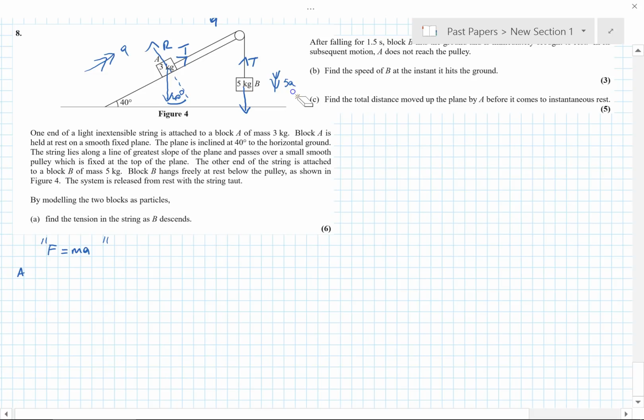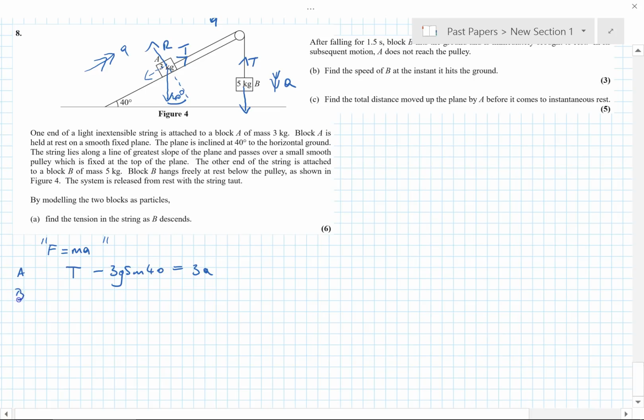So that's A. Applying F equals ma to A, we've got T pulling it upwards. We've got the component of the weight down the slope, which is 3g sine 40, is equal to mass, which is 3, times the acceleration, which is a.